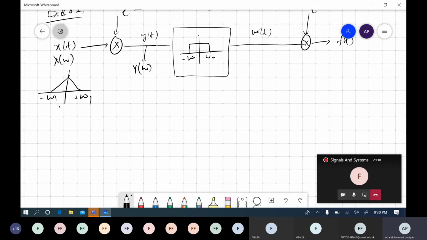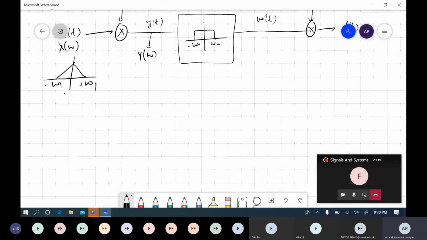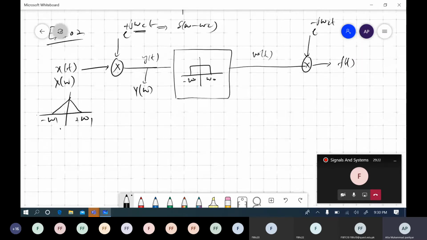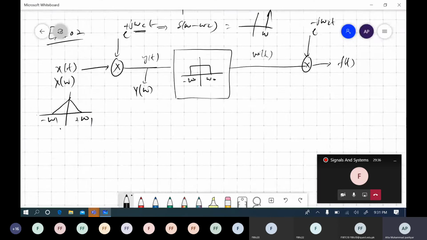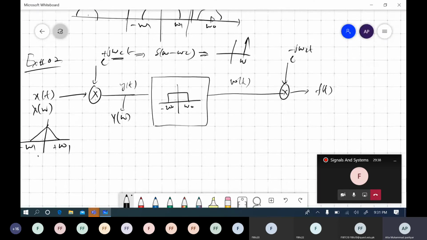It's a triangular function, right? Now when you multiply this signal with e to the power j omega c t, we know that this is only a carrier, right? Impulse is 1. Excuse me. This signal is 1. If this is the omega axis, its amplitude is 1 at omega c.